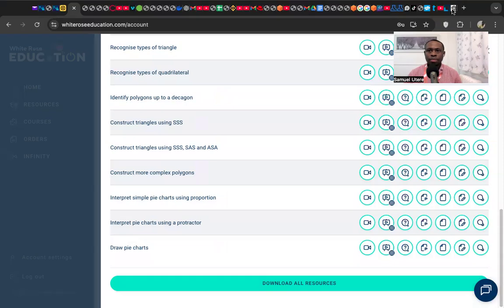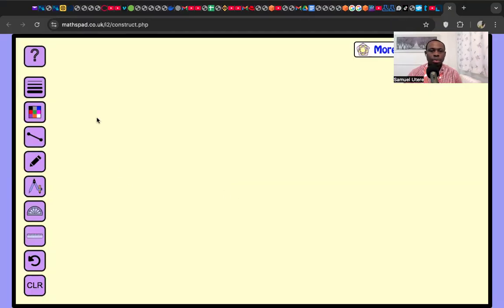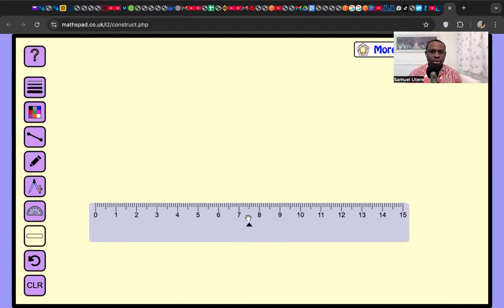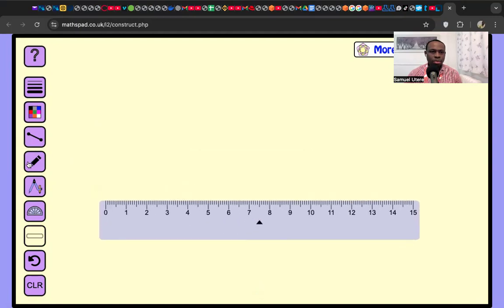Okay. So we want to draw a 7 by 6 by 4. So first thing, you take your ruler, and we can move the rulers. We want the length to be 7 centimeter.